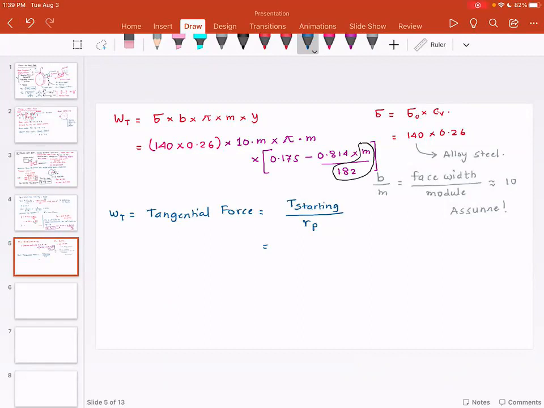Now, here is a little bit tricky part, and I want to pose this question before I solve any further. Can someone tell me what is this starting torque?